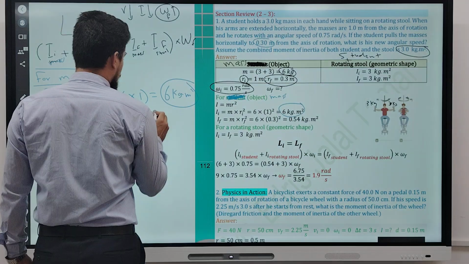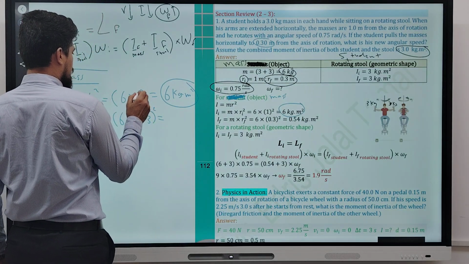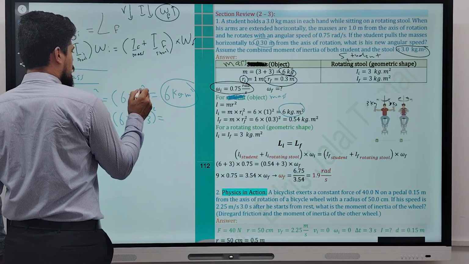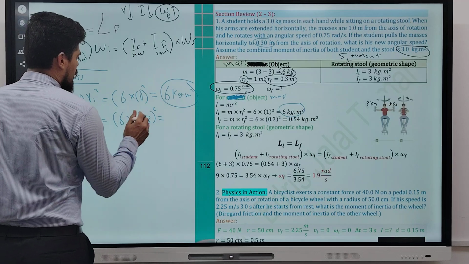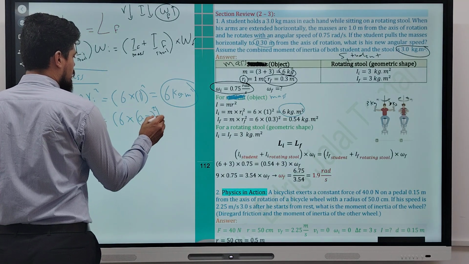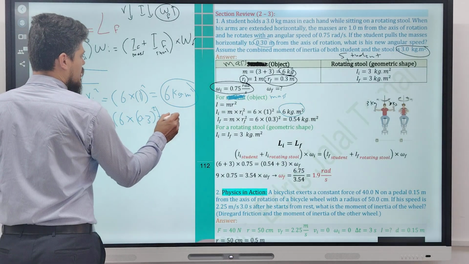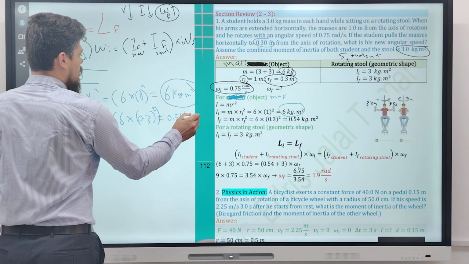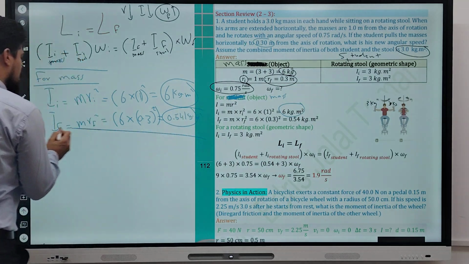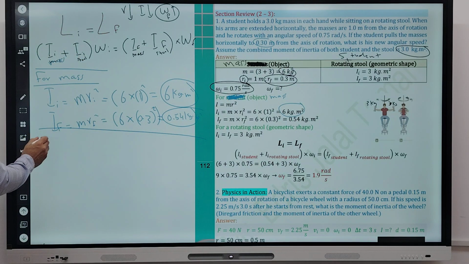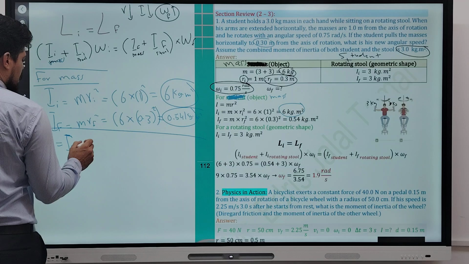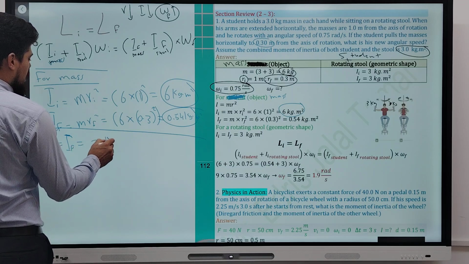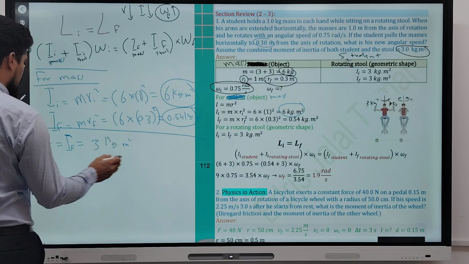Sorry, this is 6 times 1, should be squared. 0.3 squared times 6 is equal to 0.54 kilogram meter squared. I initial for the stool and the student is equal to I final for the stool and the student, which is equal to 3 kilogram meter squared.